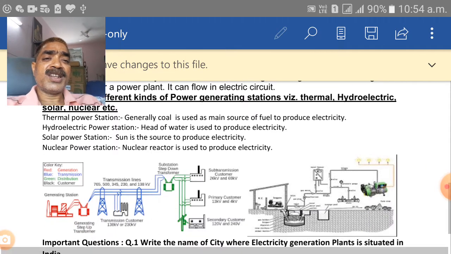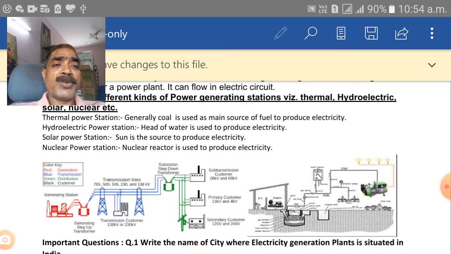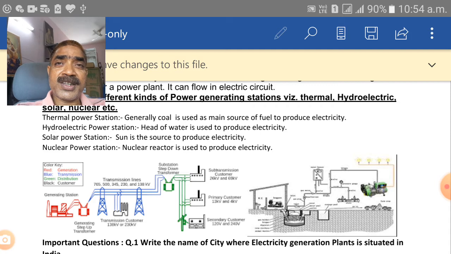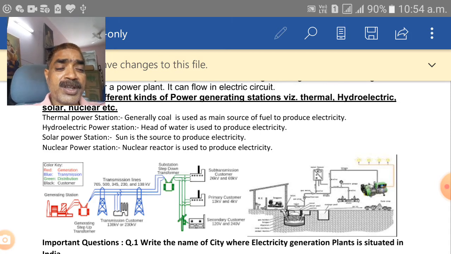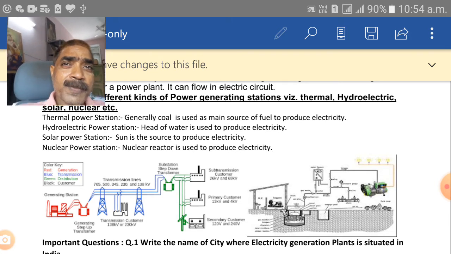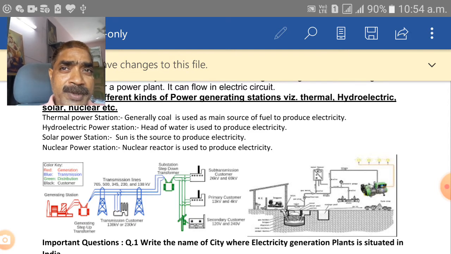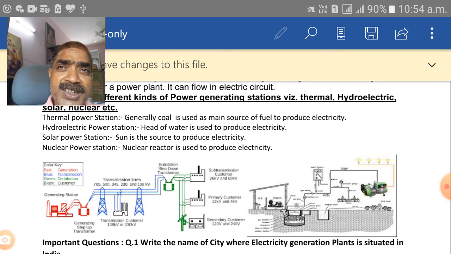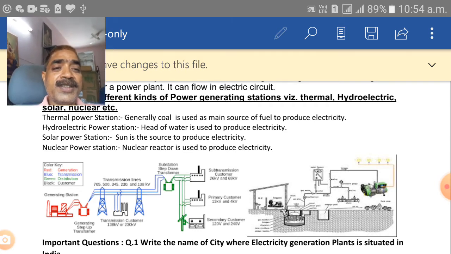Now you can see in the diagram also, a nuclear reactor is used, and nuclear material is available to produce the heat, and that heat is further circulated to generate the steam to run the steam engine, further connected to the generator to produce the electricity.